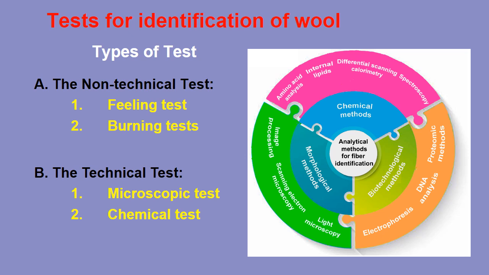We can do morphological advanced methods like image processing or electron microscopy or light microscopy, and we can also do biotechnological methods like electrophoresis, DNA analysis, or proteomic methods. So these are modern methods which we are not discussing, keeping in mind the syllabus for undergraduates. So we will discuss more on the classical methods, as I have told first, listed on the left side.